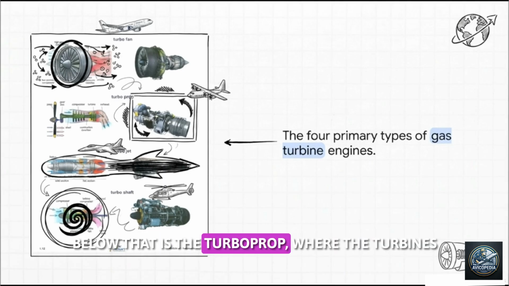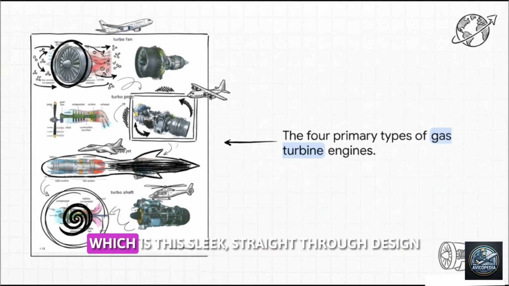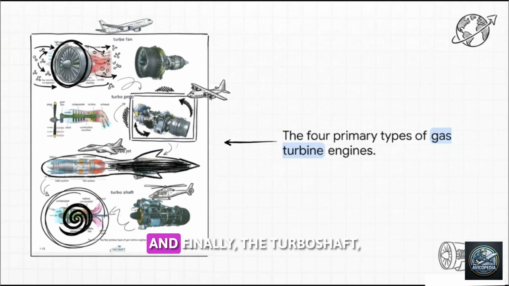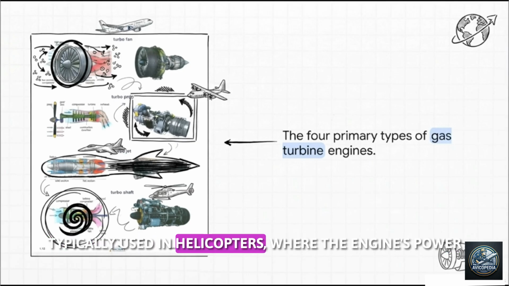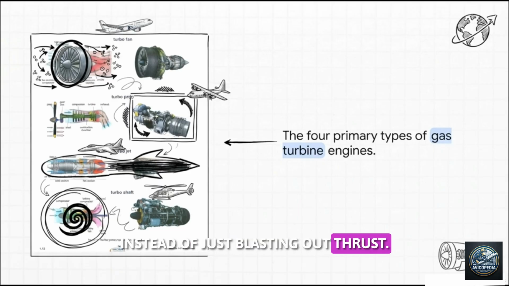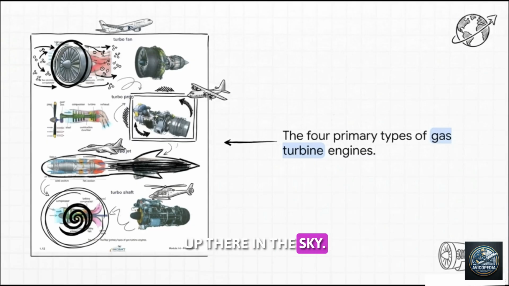Below that is the turboprop, where the turbine's energy actually turns a gearbox and a traditional propeller. Then we've got the classic turbojet, which is this sleek, straight-through design where all the energy exits strictly as exhaust thrust. And finally, the turboshaft, typically used in helicopters, where the engine's power spins a dedicated power shaft instead of just blasting out thrust. Each one is tailored for a very specific job up there in the sky.